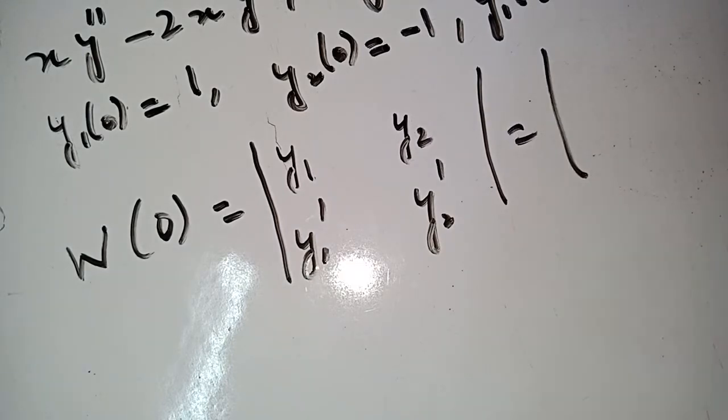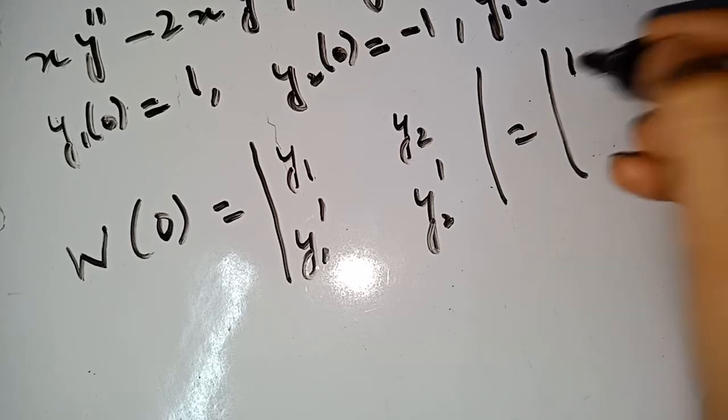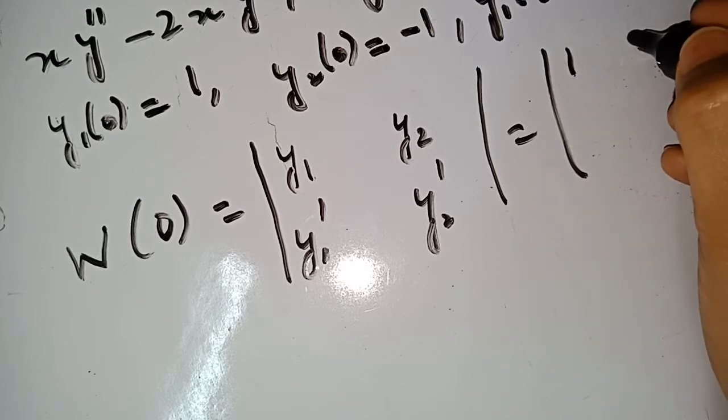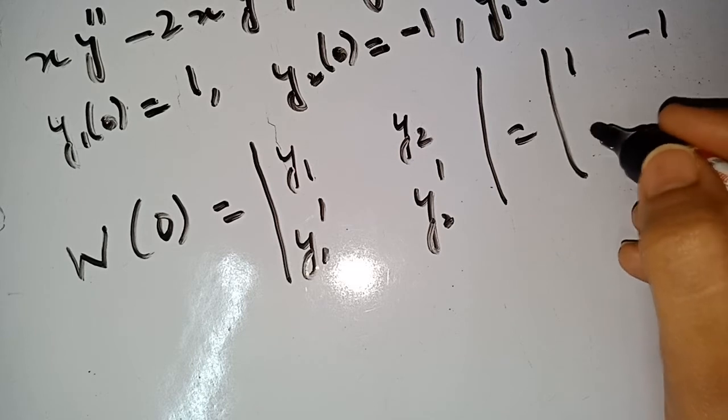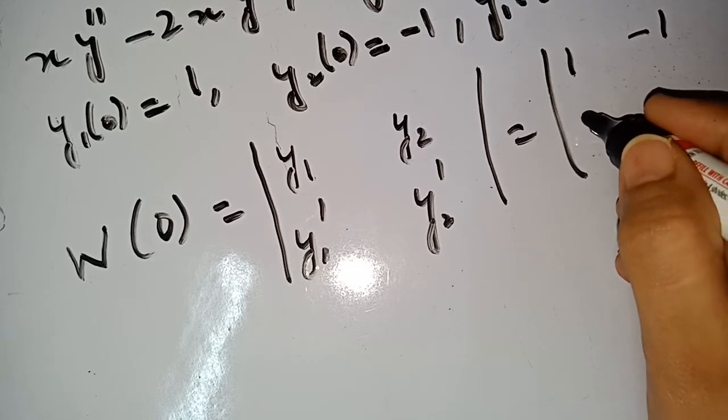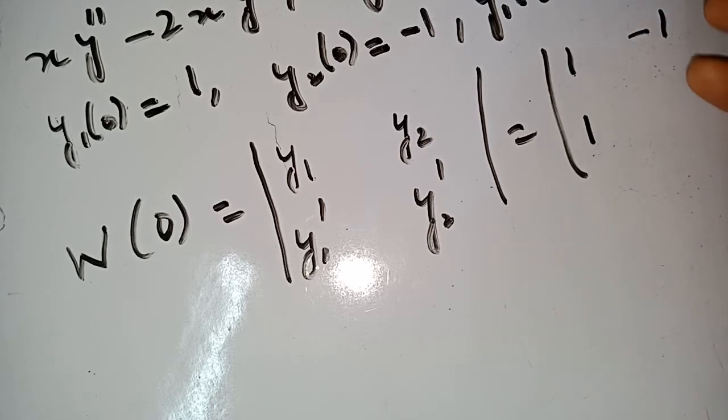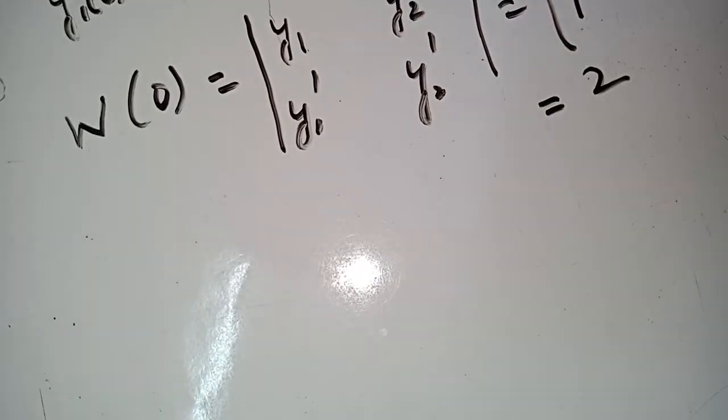It is given that y1 at the point 0 is 1, y2 at the point 0 is minus 1, y1 derivative at the point 0 is 1, and y2 derivative at the point 0 is 1. So this becomes 2. In this way we can find the Wronskian at the point 0.